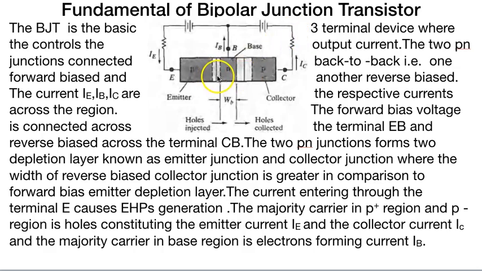Now you can see that the emitter-base depletion width is less in comparison to the base-collector, because the base and collector region is reverse biased, and we know the width is directly dependent on the biasing of the junction, and the emitter and base region is forward biased.